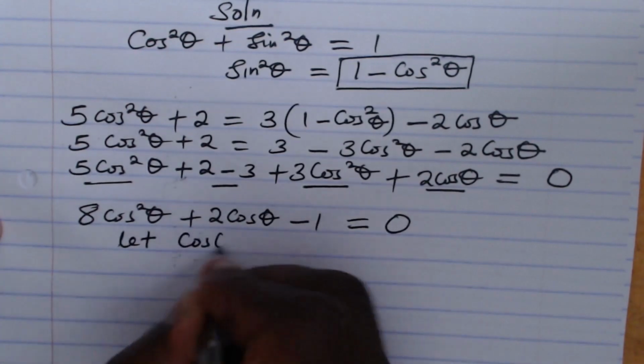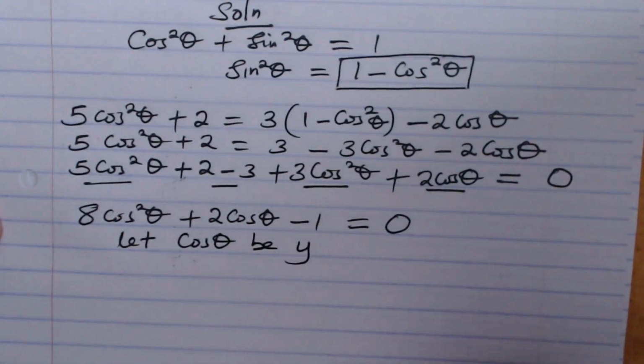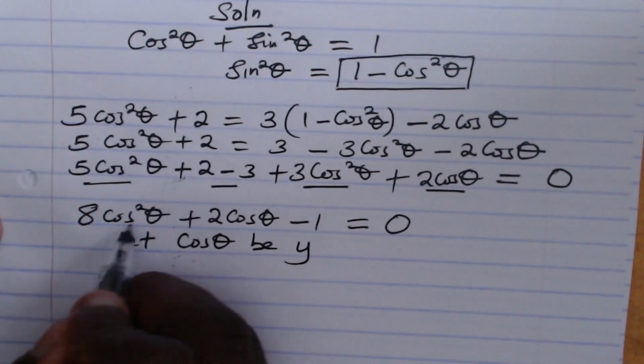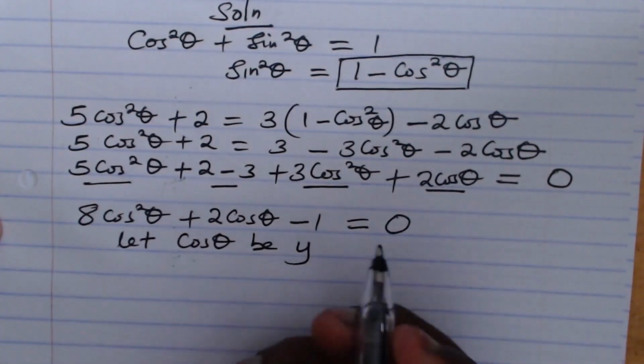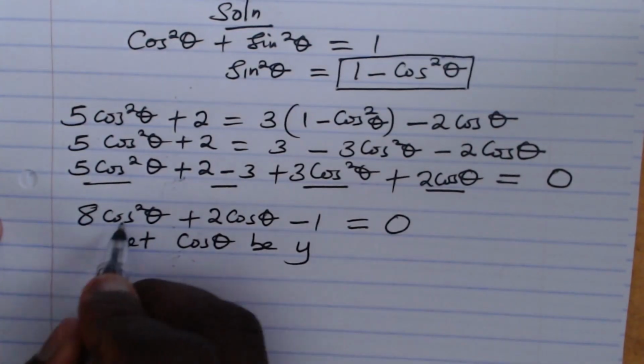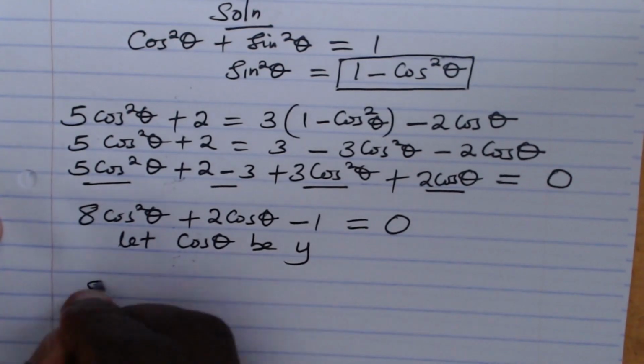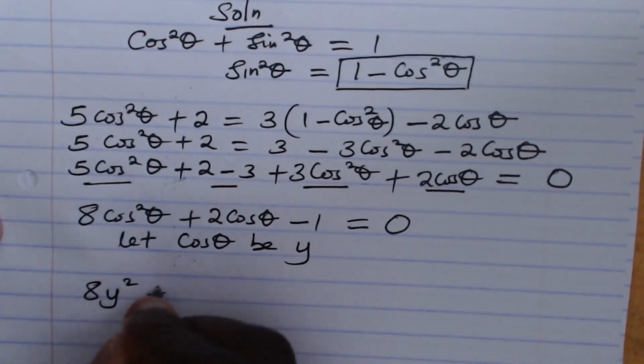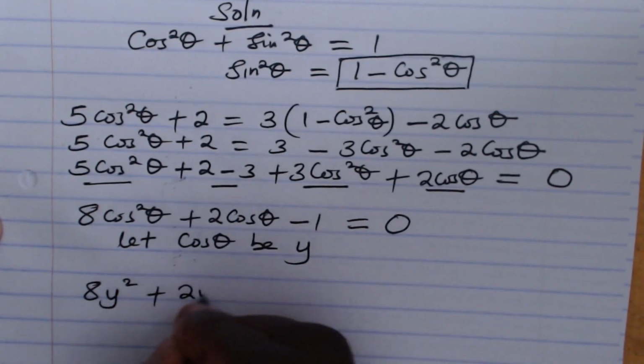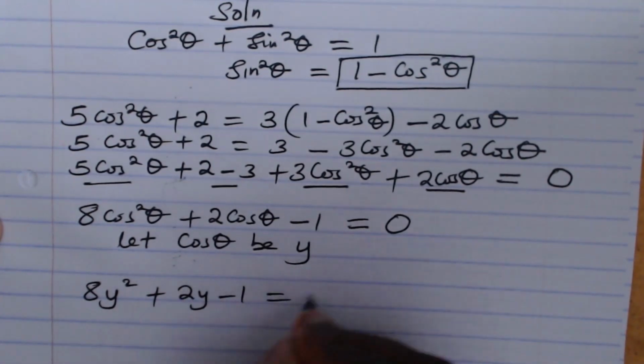Let cos theta be y. So 8 cosine squared theta will be 8y squared, plus 2 cos theta will be 2y, then minus 1 is equal to 0.